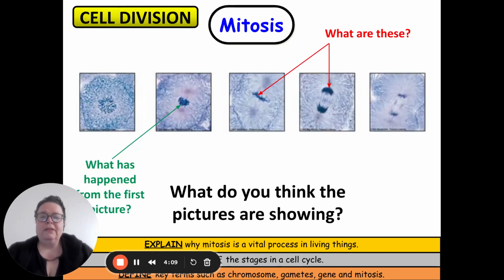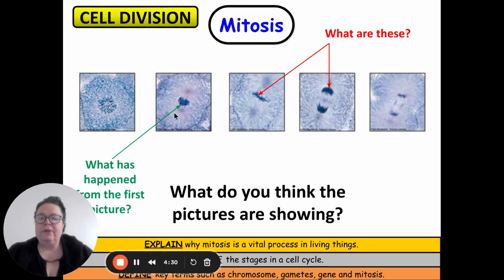Right, so we've got some pictures here of mitosis, and this is under a microscope. And you won't know what all these mean just yet, but let's have a little look. So this is our one cell here, and just looks like a normal cell at the moment.